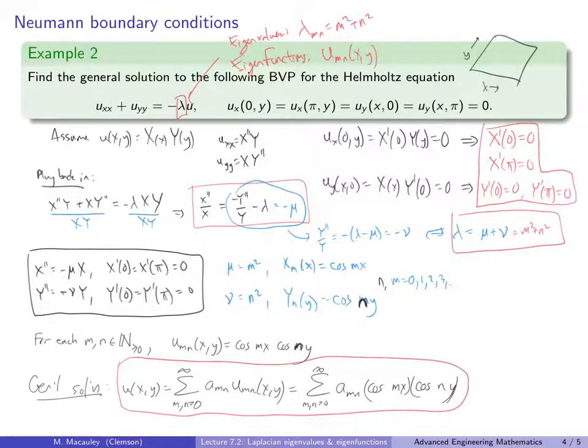So in summary, pretty much everything was the same except the boundary conditions. And those manifested themselves in these boundary value problems. It didn't change the eigenvalue, but it changed the eigenfunctions. We got cosines instead of sines. So let's think about what would happen if we mixed up these boundary conditions.